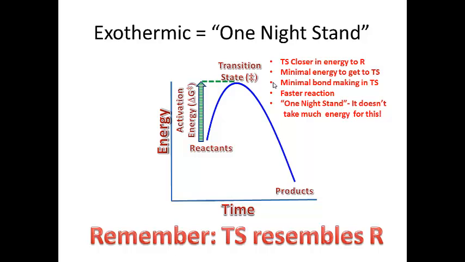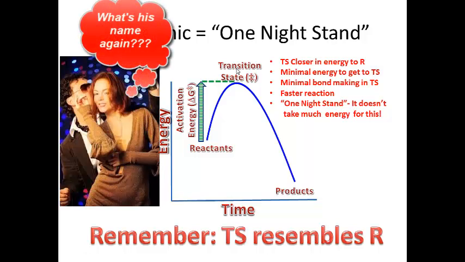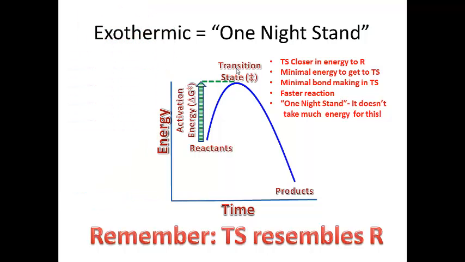There's not much of a connection after that one-night stand is over. And so what I'm trying to say is that because the reactants resemble the transition state and there's not a lot of bond making and bond breaking, it's almost like a little rendezvous. You meet, things happen, and then you never see that person again. So remember, for an exothermic reaction, it's a really fast reaction, and the transition state resembles the reactants.